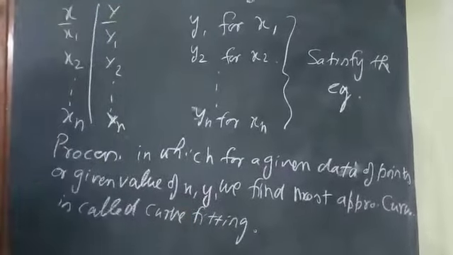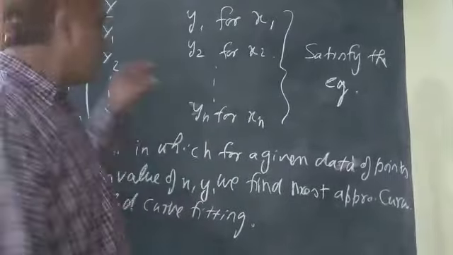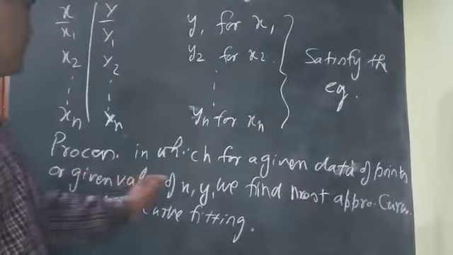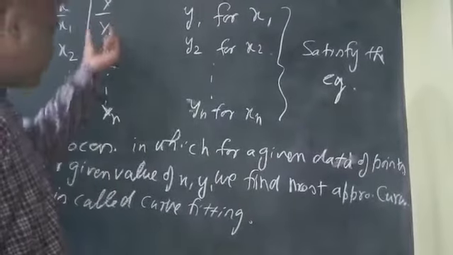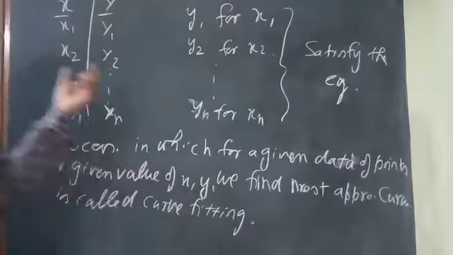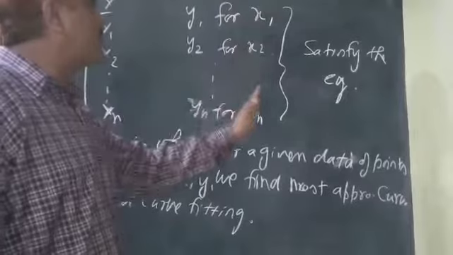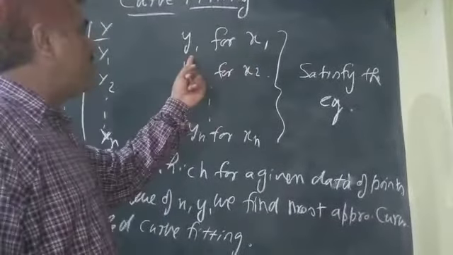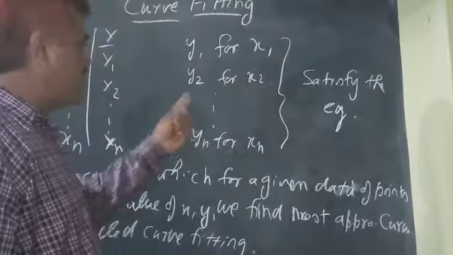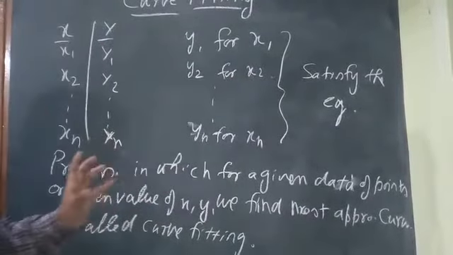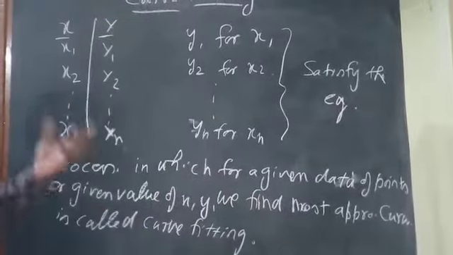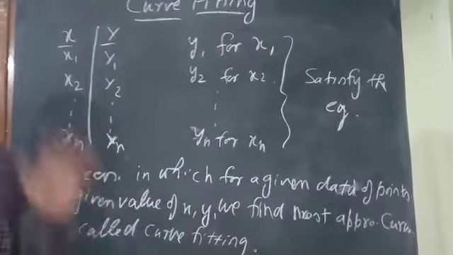The process in which, for a given value of x1, we find y1, and for a given value of x2, we find y2, and all these points collectively will form a curve, is called curve fitting.